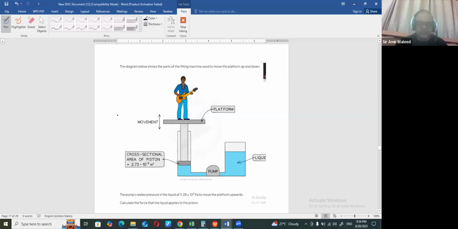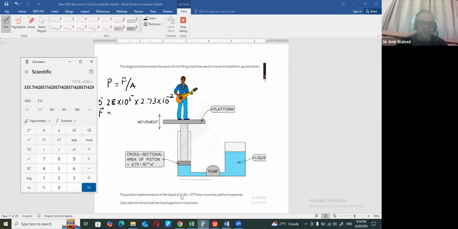Very simple: pressure is equal to force upon area. Pressure is given as 5.28 into 10 raised to the power 5, and the area of cross-section is 2.73 into 10 raised to the power minus 2. That gives you your force.